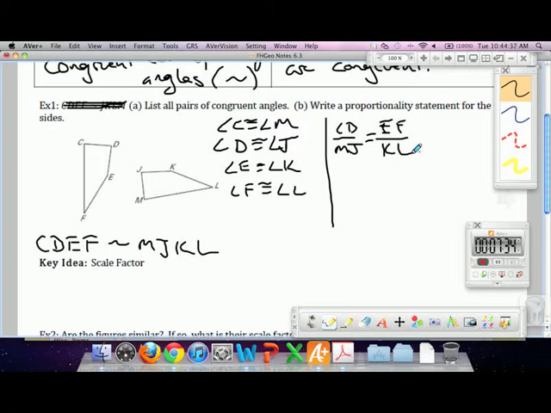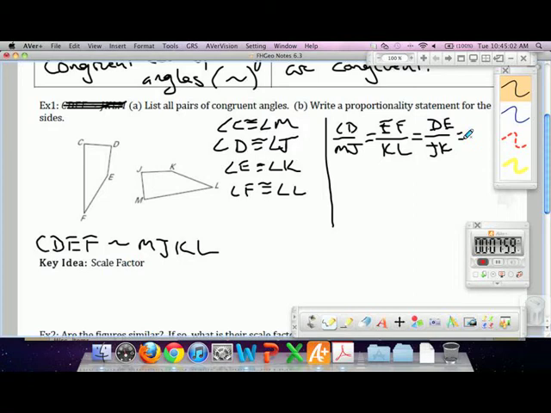Would anyone like to take a stab at what another ratio I could set up would be? Isabel? Proportional to JJ. DE to JK. And there should be one more. So I've got CD and MJ.